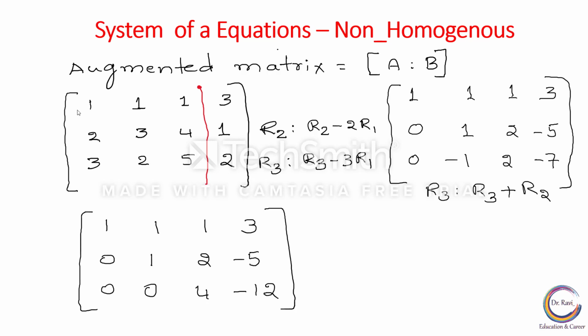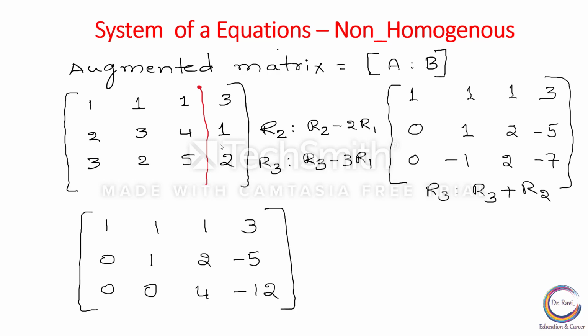We know that to find the rank of the matrix, we need to convert the matrix into echelon form with the help of row operations only. So first we try to make this element 0 and also this element 0 with corresponding operations.